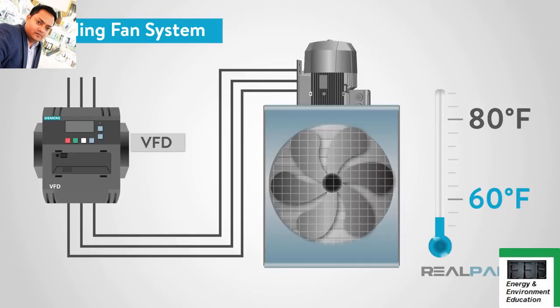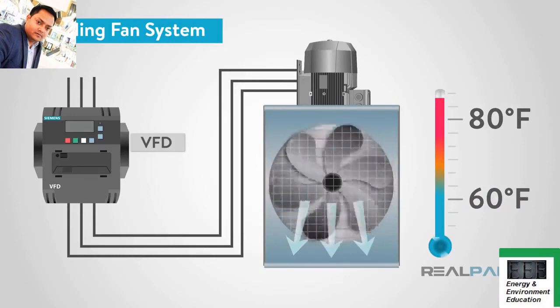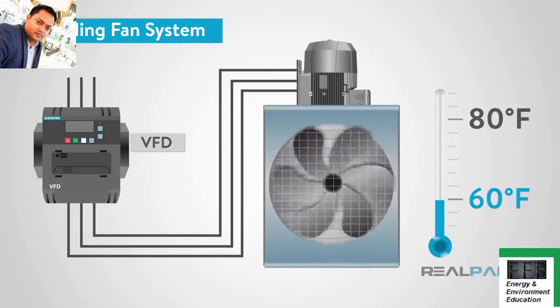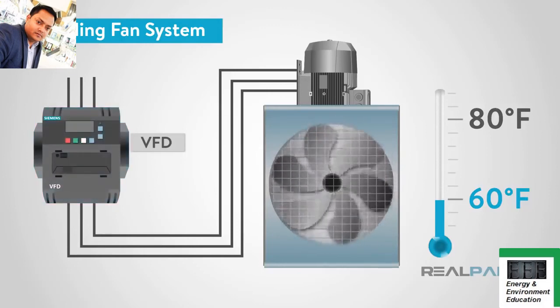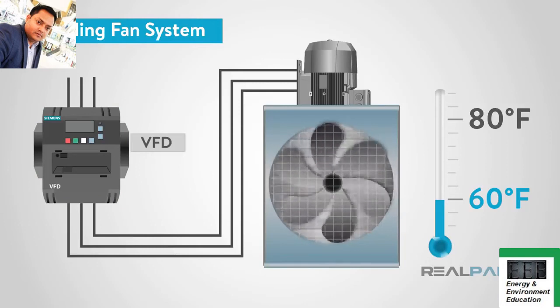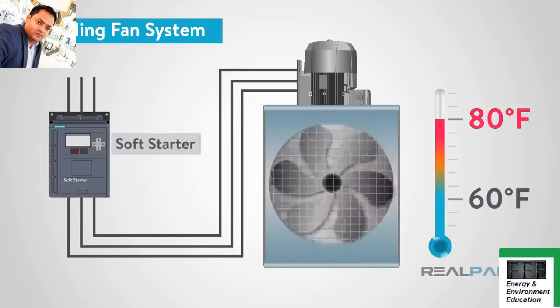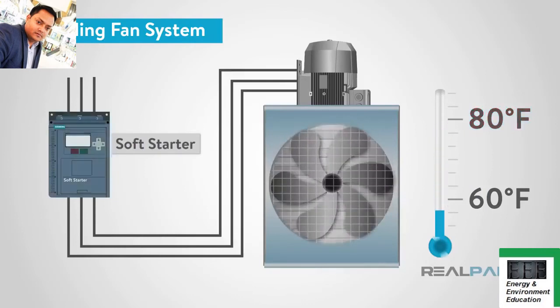However, if the temperature continues to rise and pass the high temperature set point, the fan will need to move faster. Which device would work best in this situation? That's right, a VFD would be better than a soft starter, because the speed of the fan will need to vary. If our scenario was only turning the fan on or off based on temperature and not changing the speed, then a soft starter would be a better option.